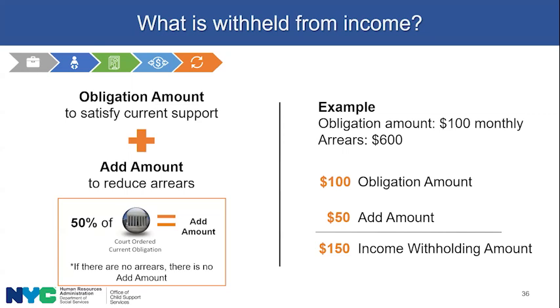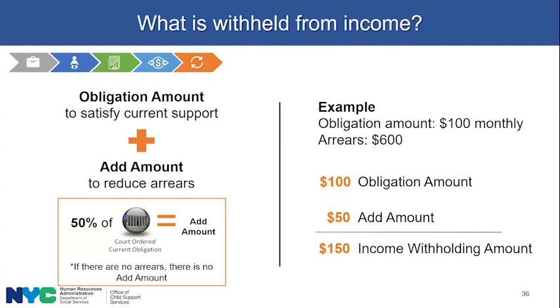The $100 obligation amount plus a $50 add amount for a total withholding of $150. In this example, if the NCP makes regular payments, the add amount will be part of the order for 12 months. 12 times 50 equals 600.